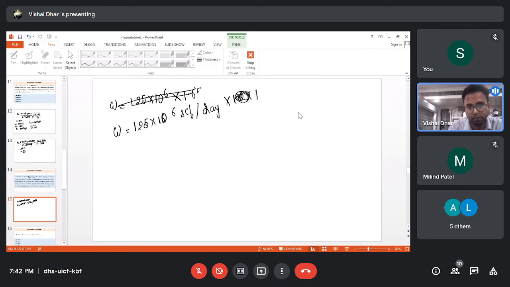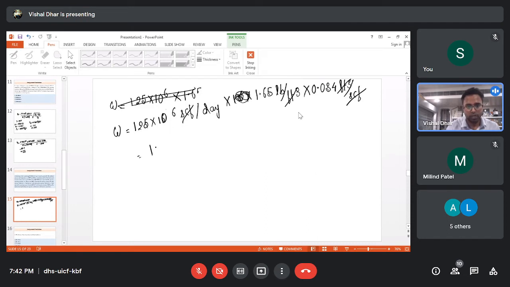It will be 1.65 lb per feet cube into Bg. How much is it given? 0.034 feet cube per SCF, right? So here if you see SCF cancels out, feet cube cancels out.